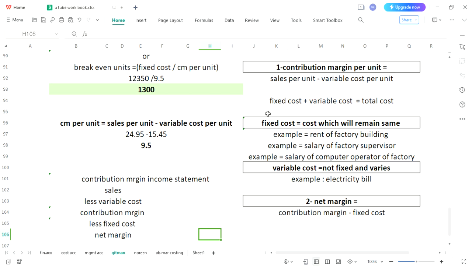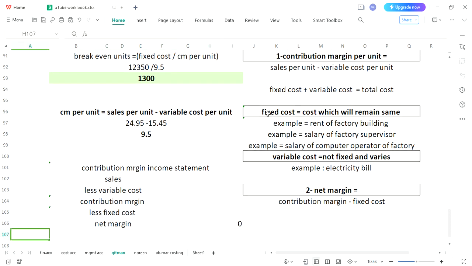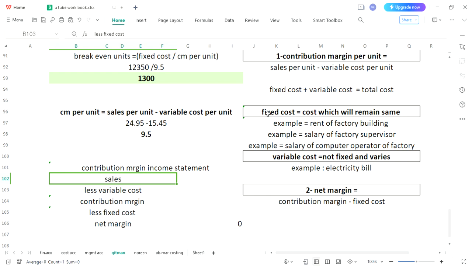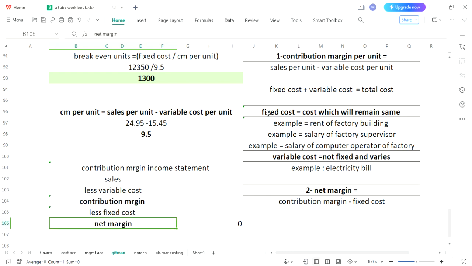Okay, now our target is to prove with this. Even without solving it, I'm saying that answer of net margin would be equal to 0. Here these are two headings, contribution margin and net margin.